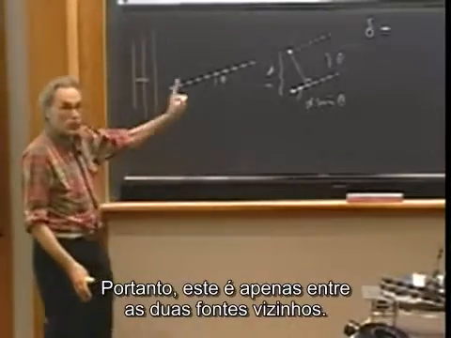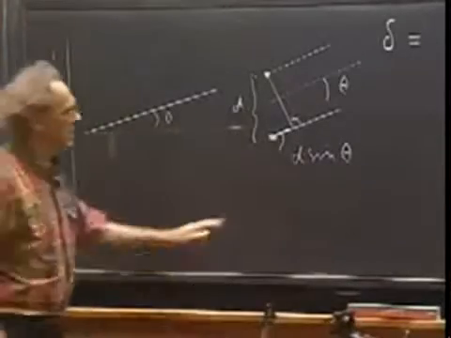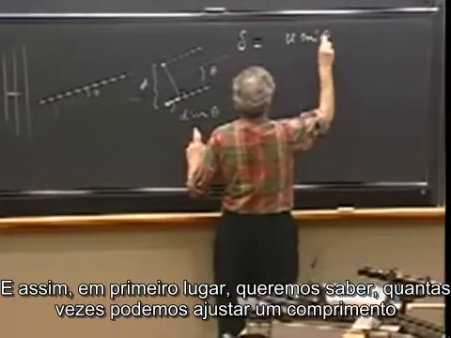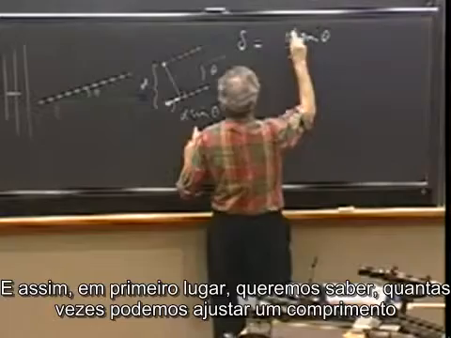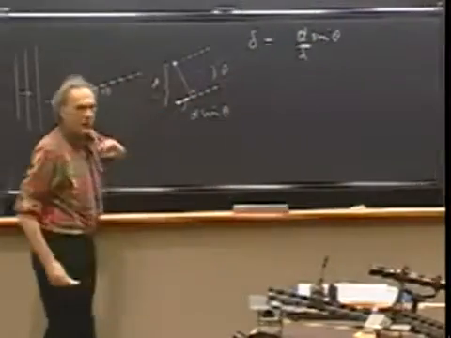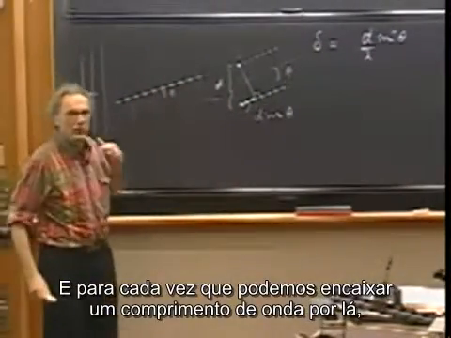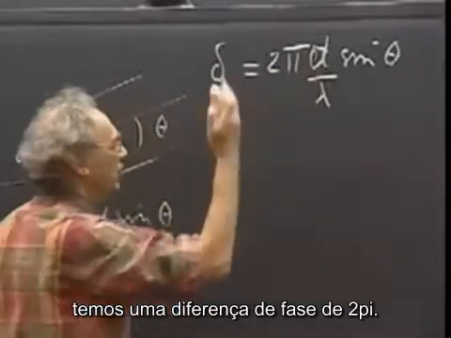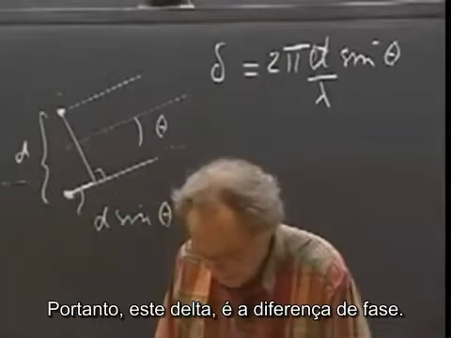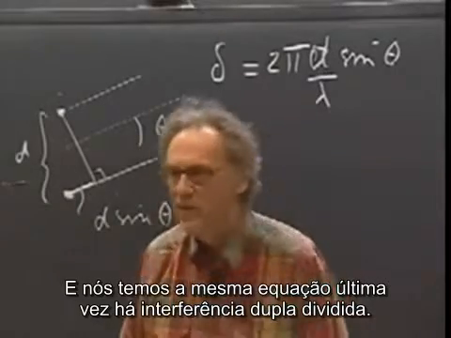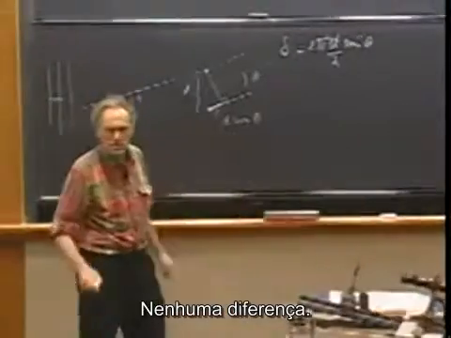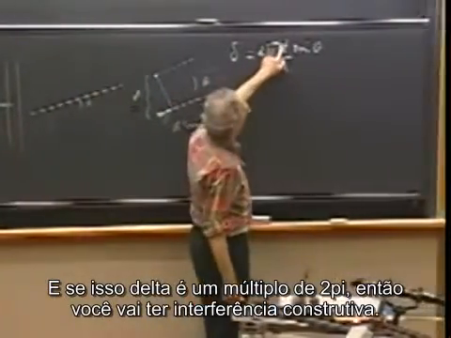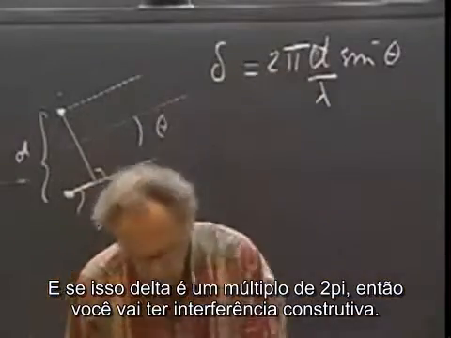So this is only between the two neighboring sources. First we want to know how many times we can fit a wavelength on this path. For each time that we can fit a wavelength on there, we have a phase difference of 2 pi. So this delta is the phase difference. We had the same equation last time for double slit interference. No difference. And if this delta is a multiple of 2 pi, then you will have constructive interference.